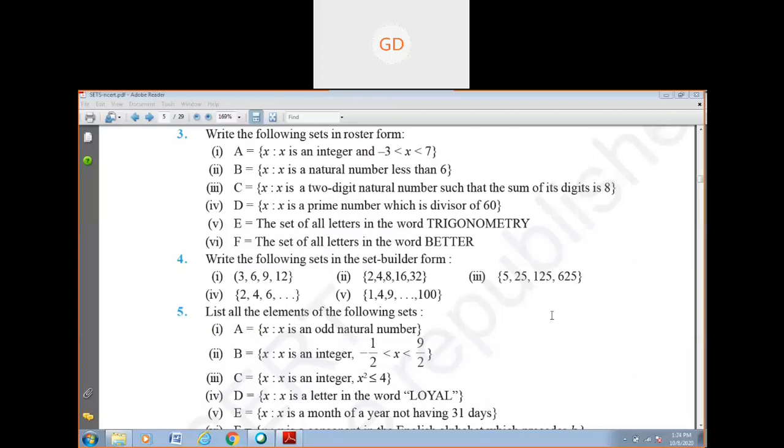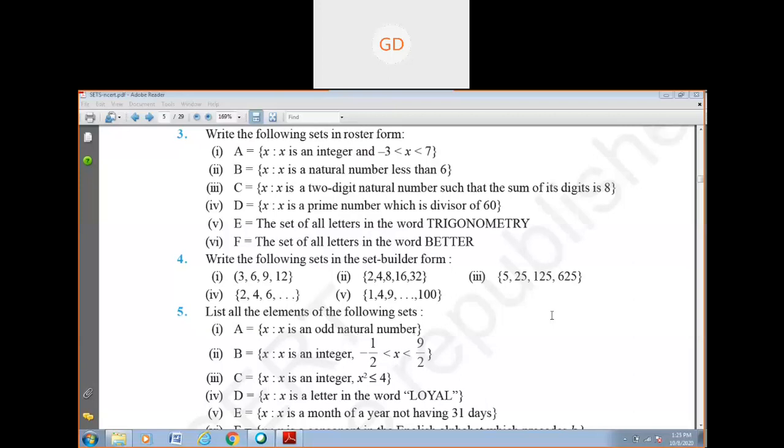You cannot write n is equal to something finite like in the previous examples. So simply x is equal to twice n, n belongs to capital N, that is for all natural numbers.